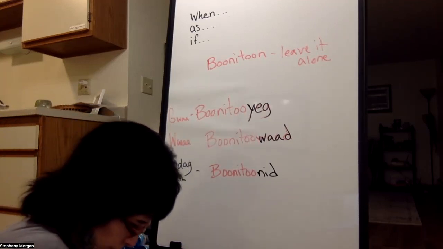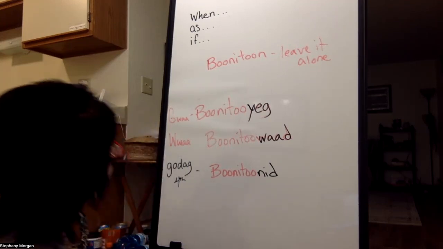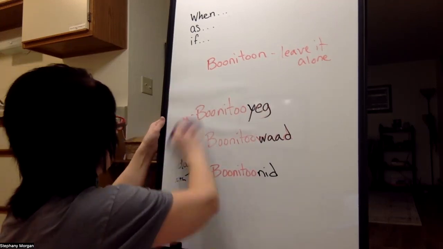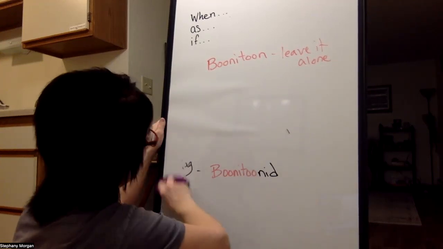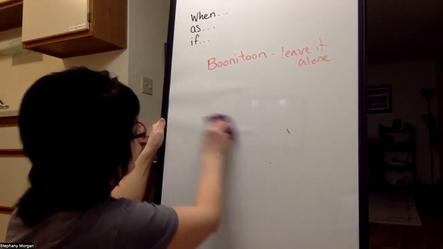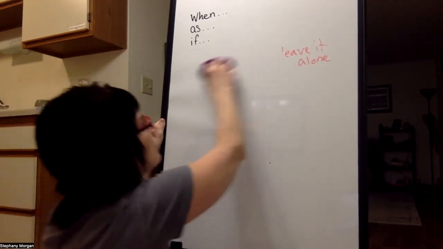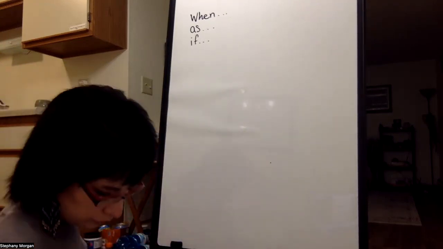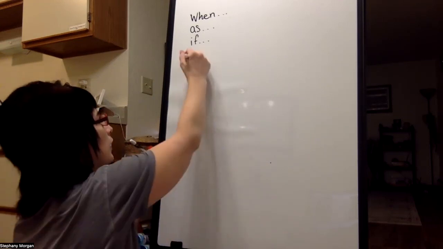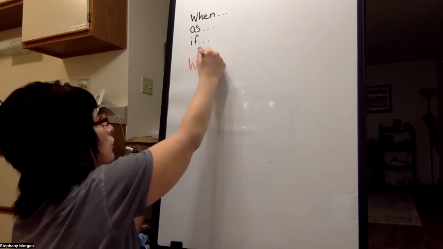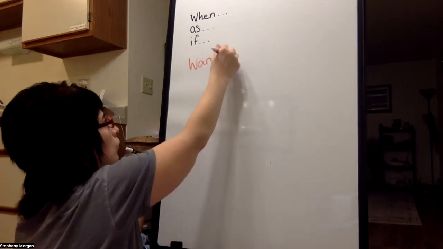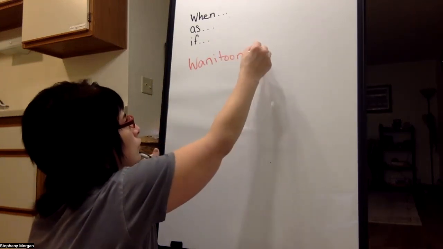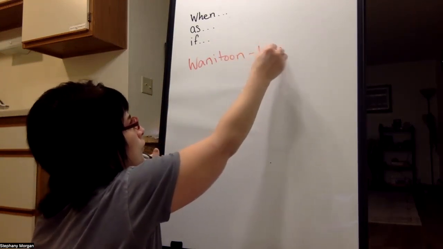Then our Godwin form for un ending VTI2 verbs. Let's try it with lose it, wanted tune. I apologize, my cat is yelling. Wanted tune, lose it.